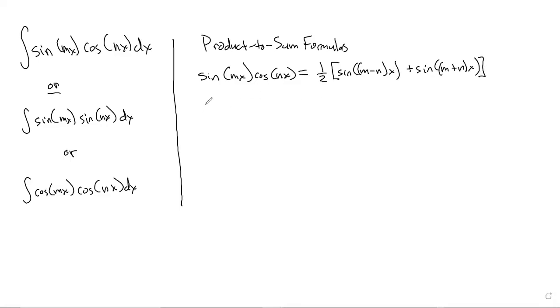If you take the sine of mx times the sine of nx, you can always rewrite this as 1/2 times the quantity cosine of m minus n x minus cosine of m plus n x.